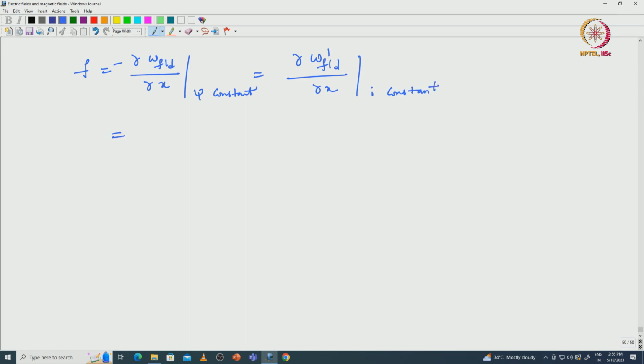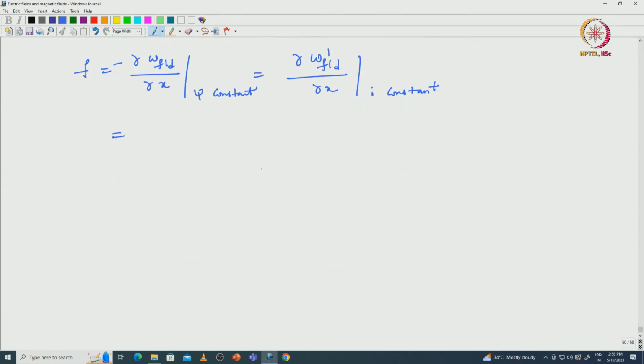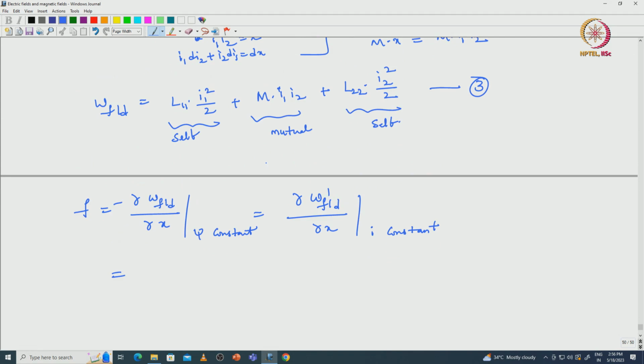Now, if we do the partial derivative of the above equation, then the force equation is half I1 square into dL11 by dx plus half I2 square dL22 by dx plus I1 I2 into dM by dx.